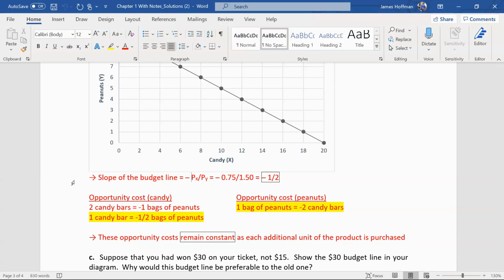It's basically negative the price ratio, so it's negative Px over Py. So all you have to do is plug in the prices, and that gives you your slope. So the price of good X is 75 cents. The price of good Y is $1.50.